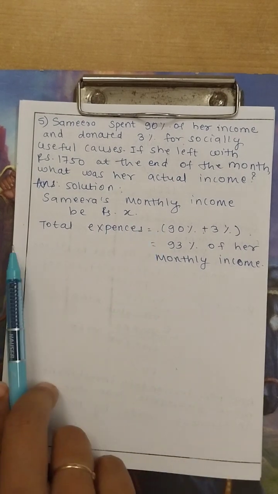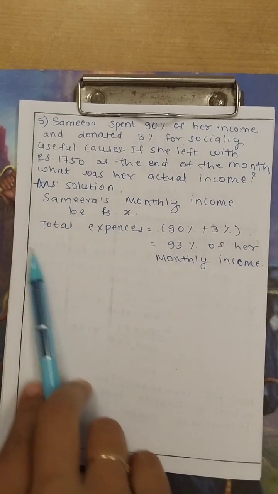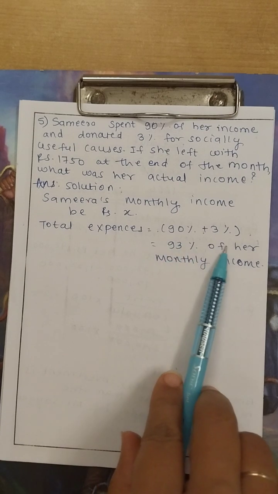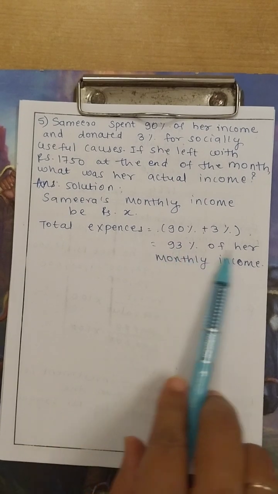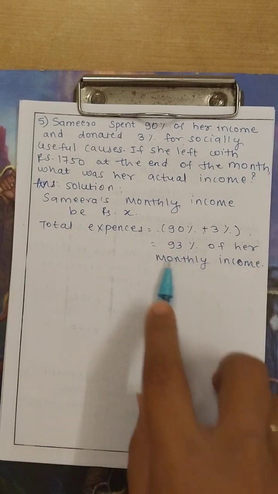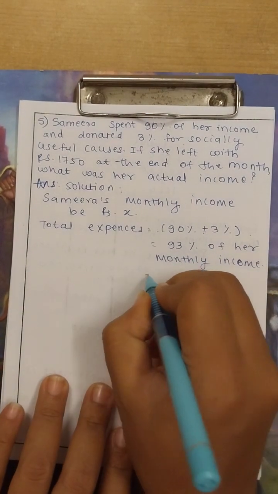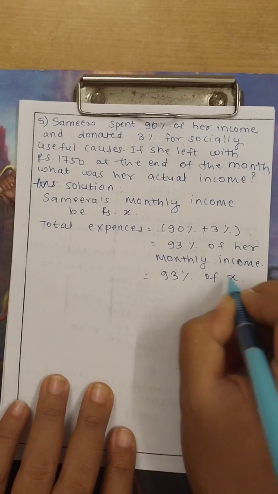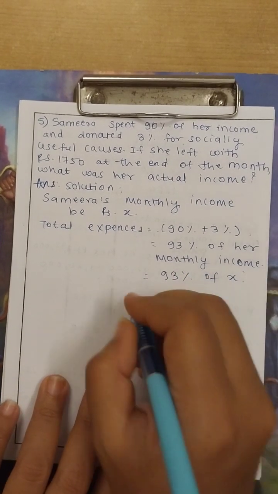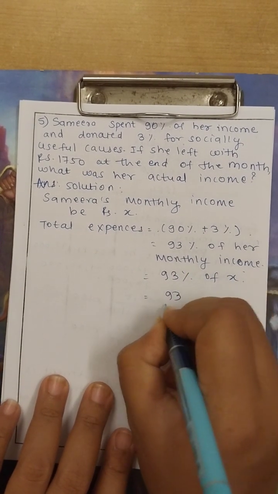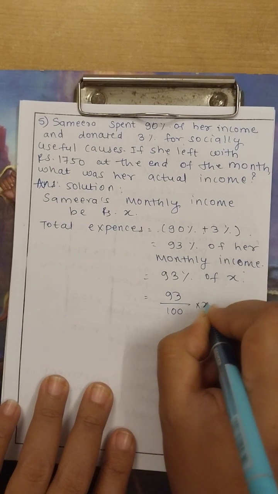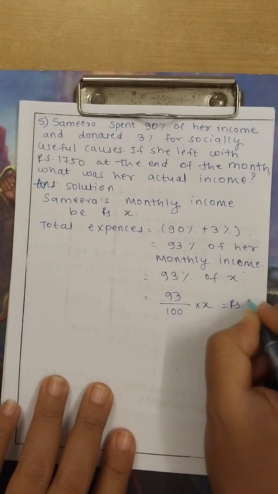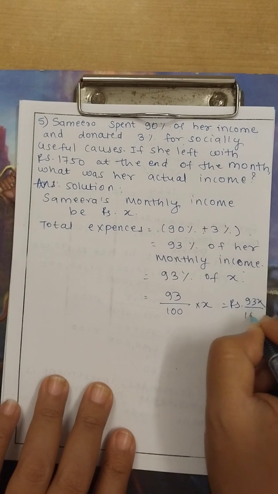Now what are her total expenses? 90% plus 3% means what? 93% of monthly income, which is equal to 93% of X, because we consider monthly income as X, which is equal to 93 upon 100 into X, which is equal to rupees 93x upon 100.